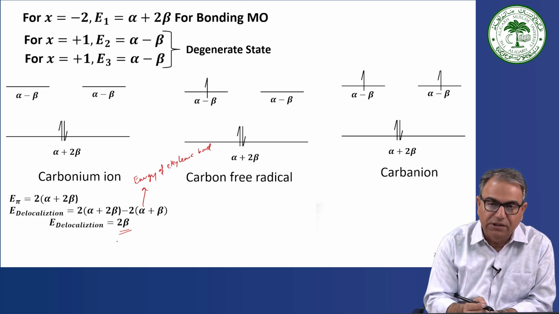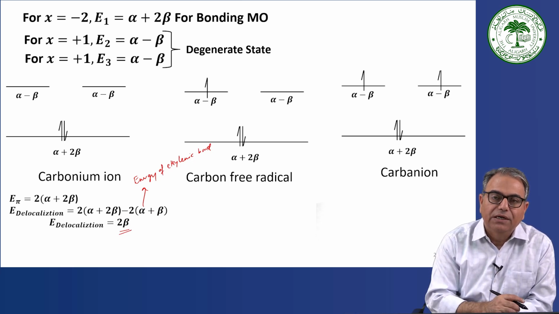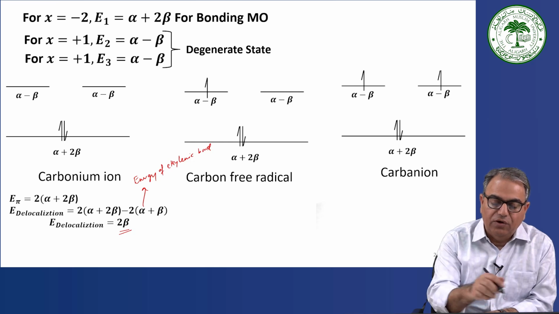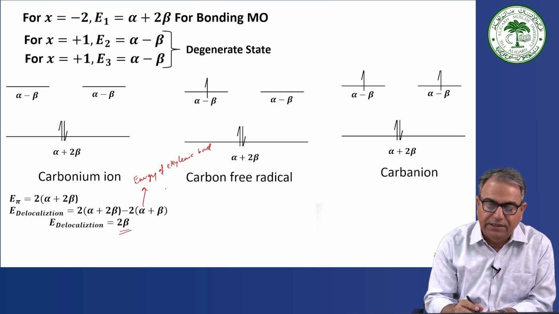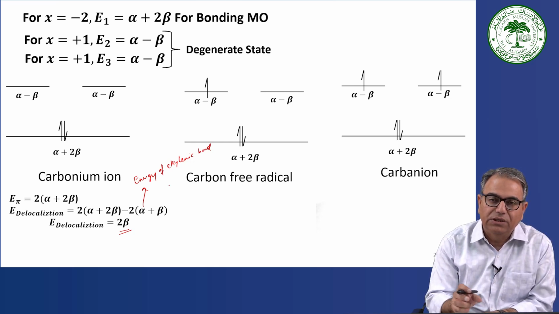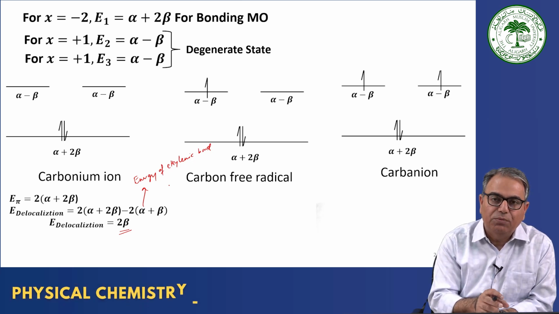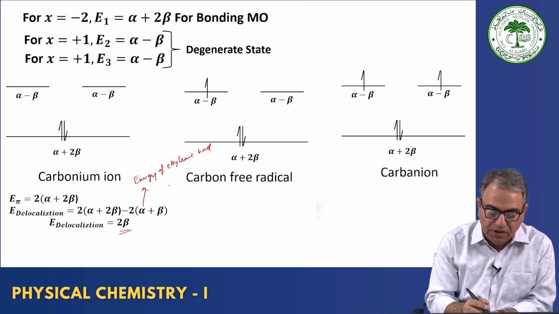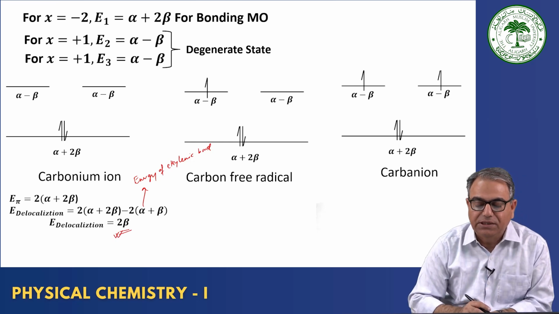is a negative quantity. So delocalization occurs over all the 3 carbon atoms. When it is in ethylene, the electron is localized between 2 carbon atoms, and when it is cyclopropenyl, then it is delocalized over all the 3 carbon atoms. Okay, so this stabilization is much higher, and delocalization leads to a stabilization of the system.